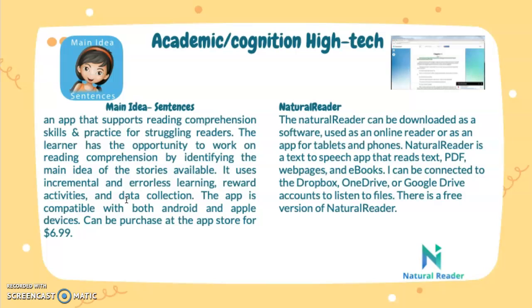It uses incremental and errorless learning, reward activities, and data collection. The app is compatible with both Android and Apple devices. It can be purchased at the Apple Store or Google Store for $6.99.